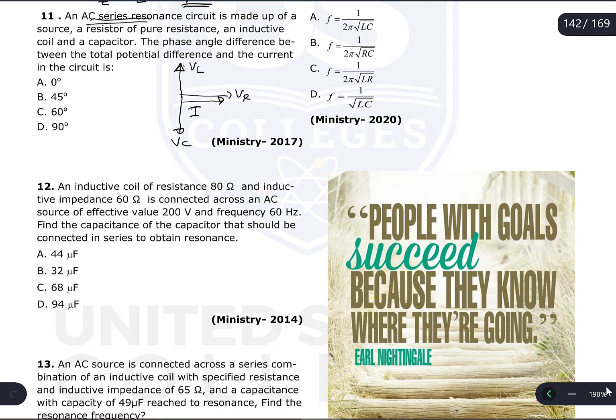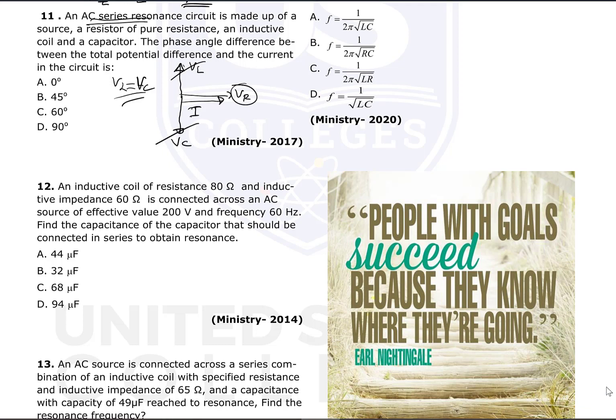So what is the phase angle difference between the total potential difference and the current? In a resonance circuit the phase angle difference is 0. Why? Because VL is equal to VC in a series resonance circuit. In this case, these two cancel each other, so the total potential difference becomes VR. And we know VR is in phase with the electric current.